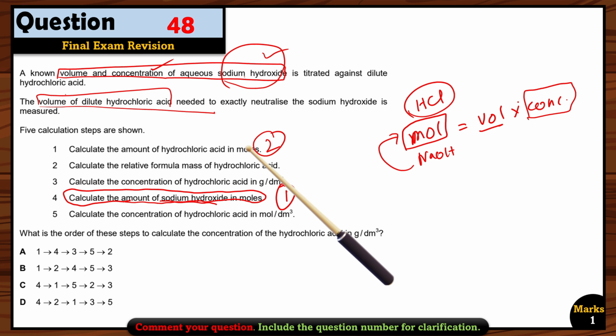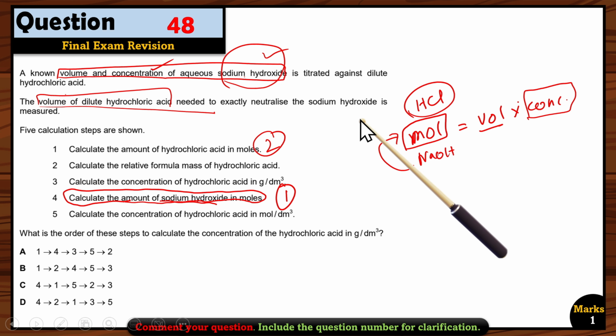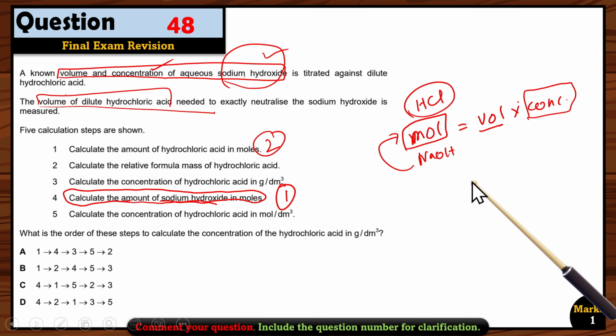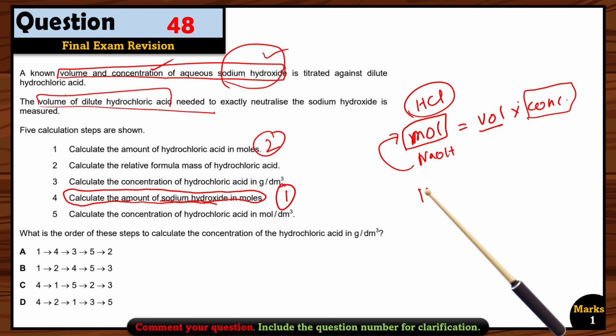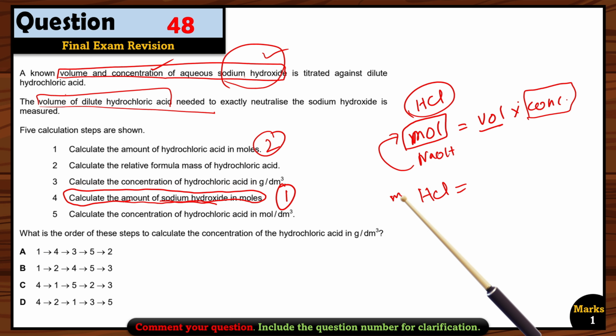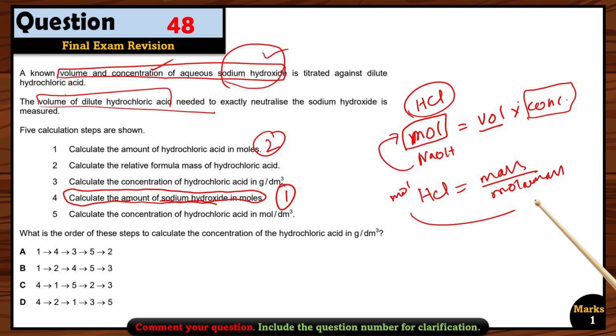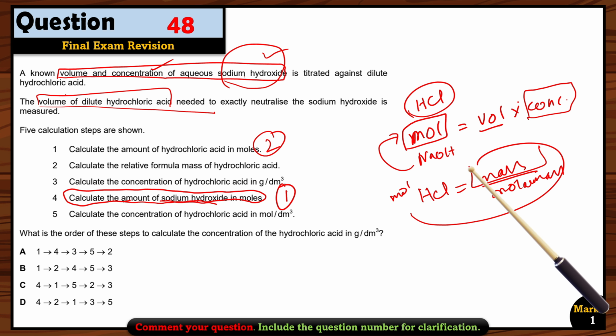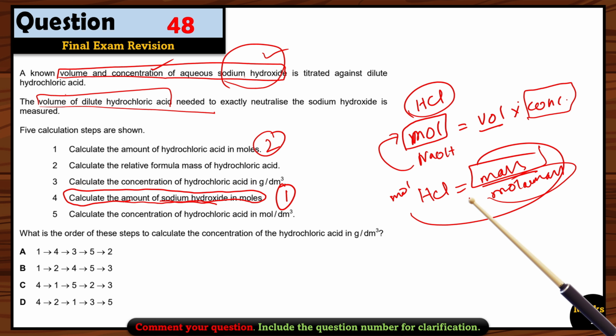Once you find the moles of the HCl, you have to calculate the relative formula mass for HCl. Moles is equal to mass divided by molar mass. You have to use this formula to find the mass, so you need to know the molar mass of HCl.